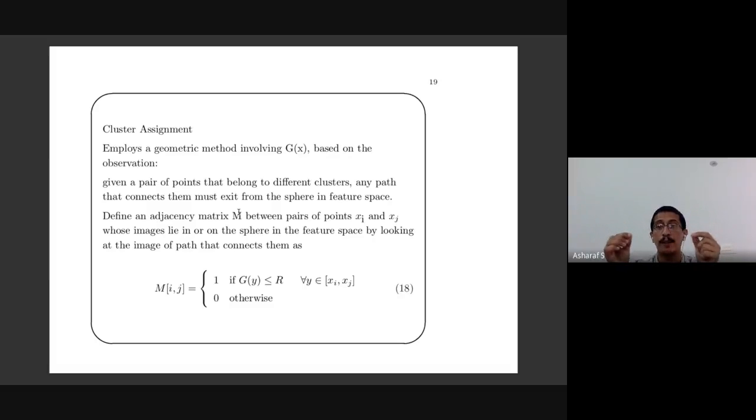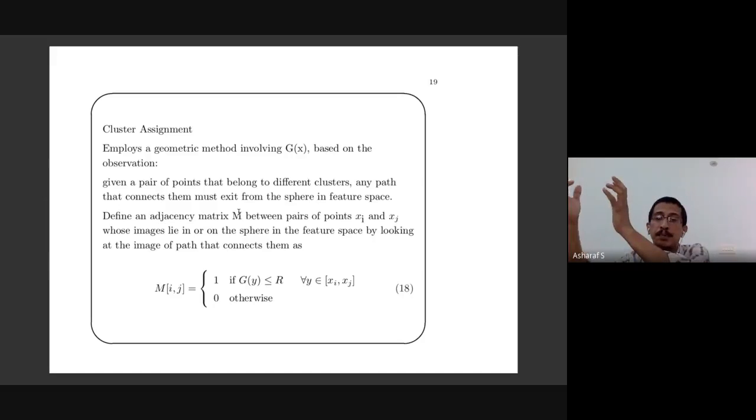I'm taking two data points, x1 and x2, from the data set, sampling 100 points between them, and I can find the distance of each of these 100 points from the feature space center, the center of the MEB.